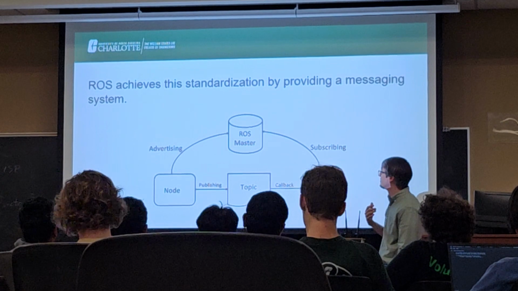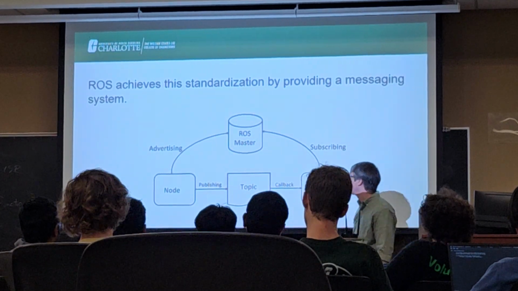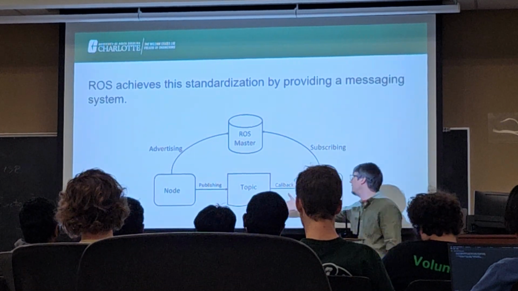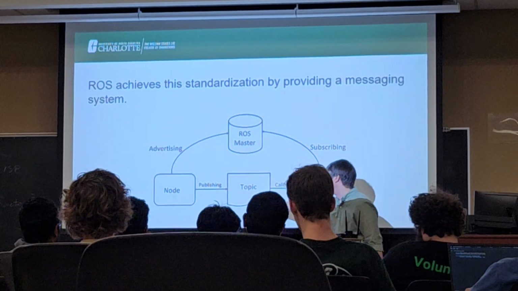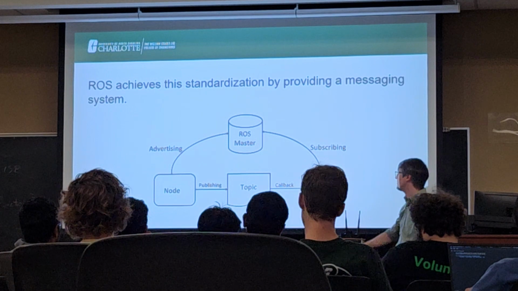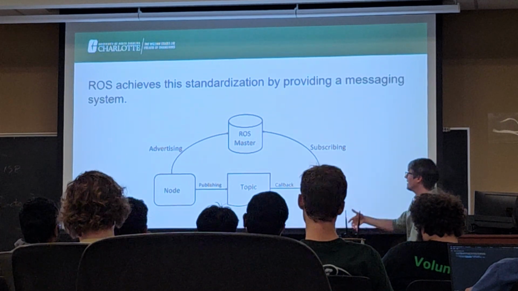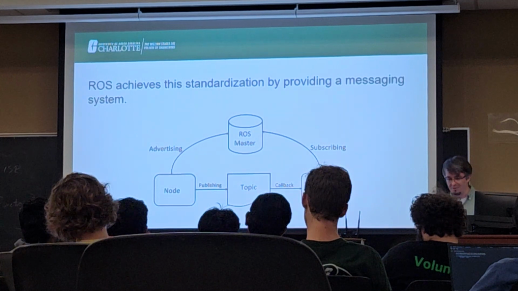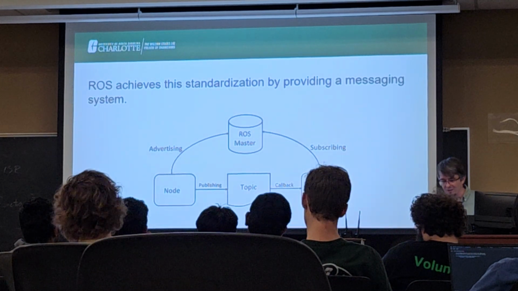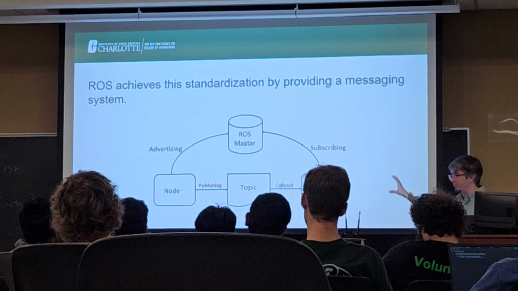They publish data to something we call a topic, and then other nodes can subscribe to that topic, and every time there are updates to it, they get, as this diagram indicates, a callback message where they can receive that data. That's all the ROS lingo. I've got some slides that go into that a little bit more, but I'm just going to leave this up here.